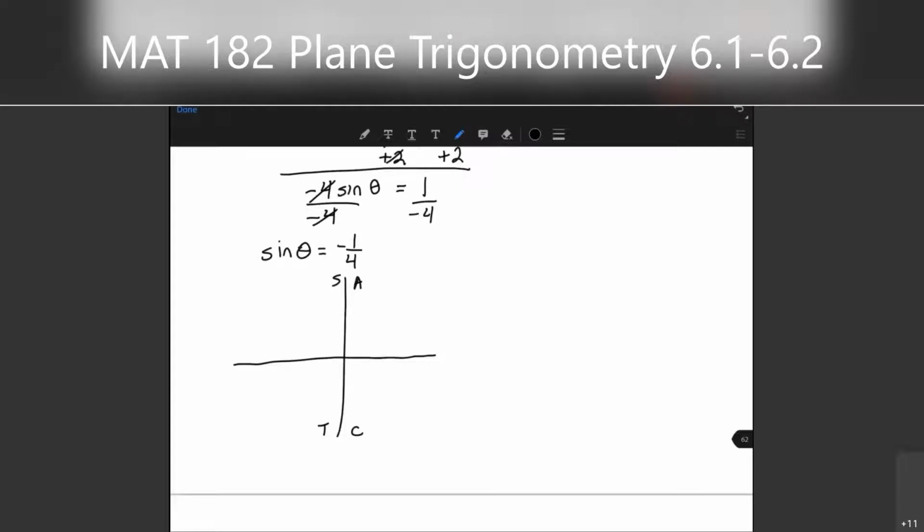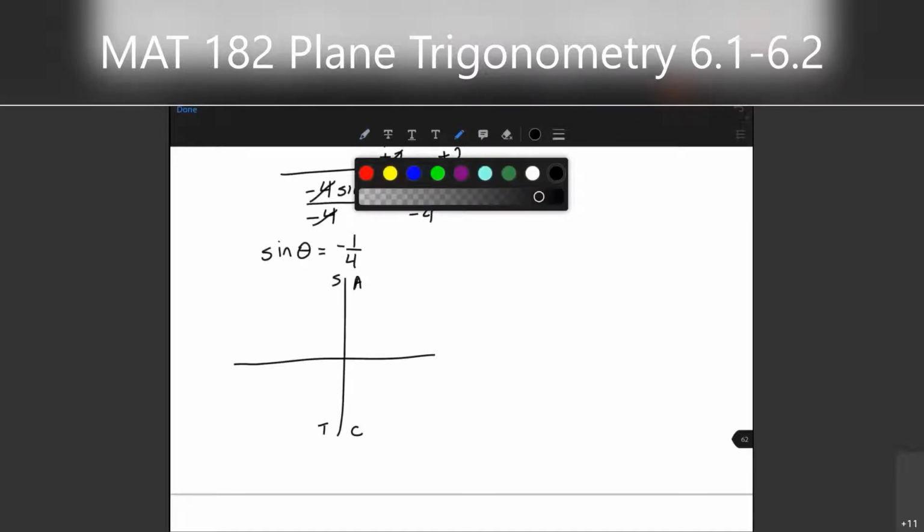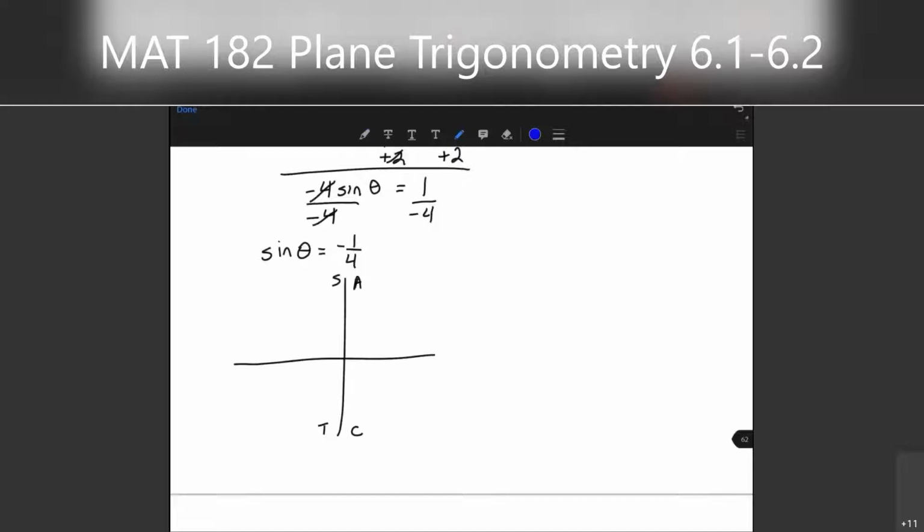Yep, 3 and 4. So let's take a look at 3 and 4. If I have a sample triangle here, the sine for that would be -1 over 4. We can also have that same triangle in the fourth quadrant.